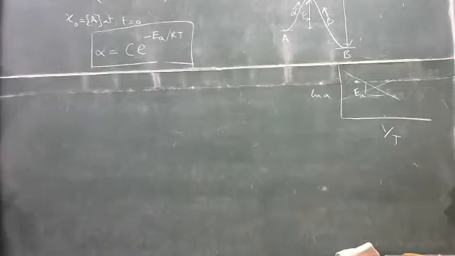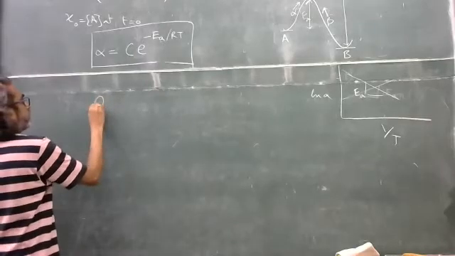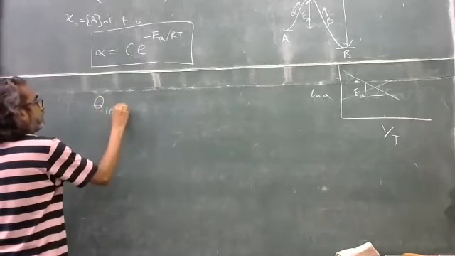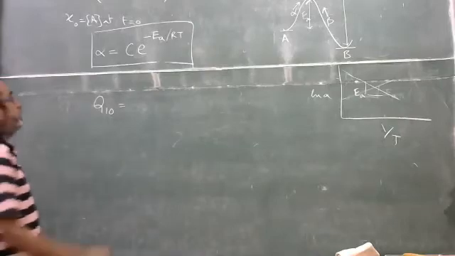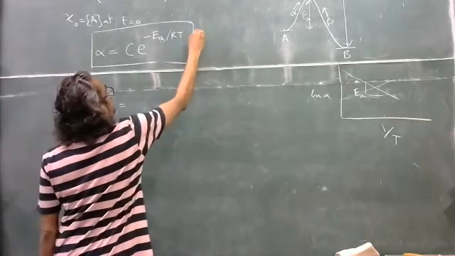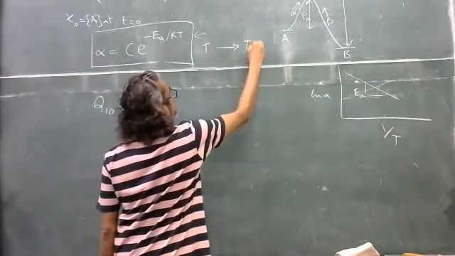Okay, so one useful parameter people find experimentally is what is called Q10. Basically, how the rate will change if you change the temperature from T by 10 degrees.